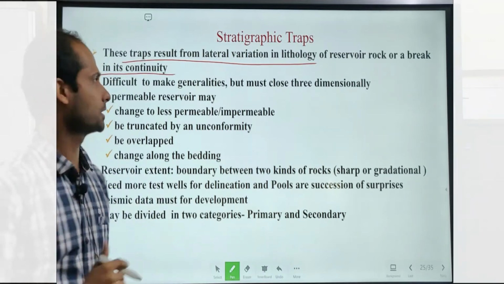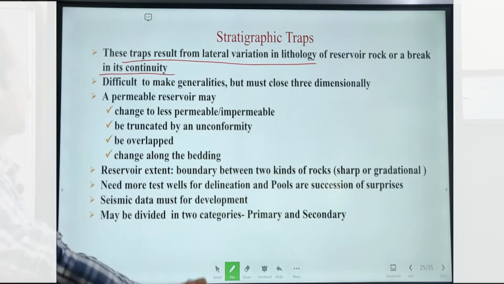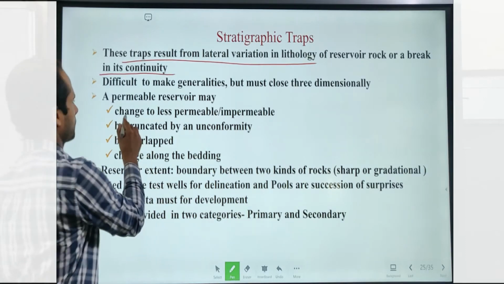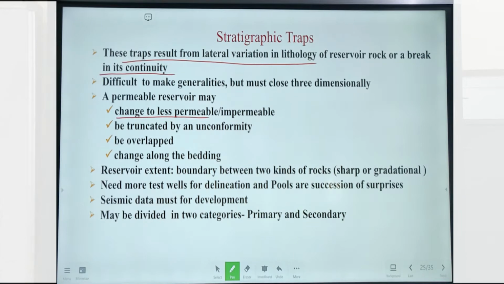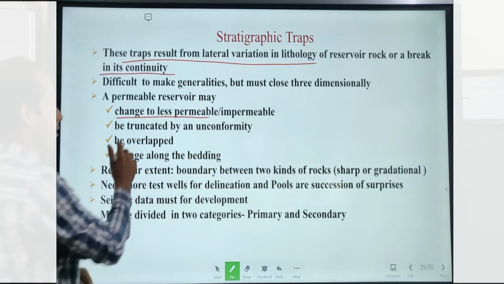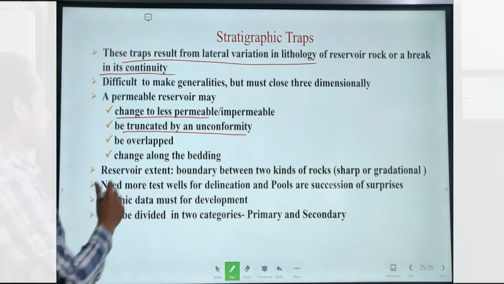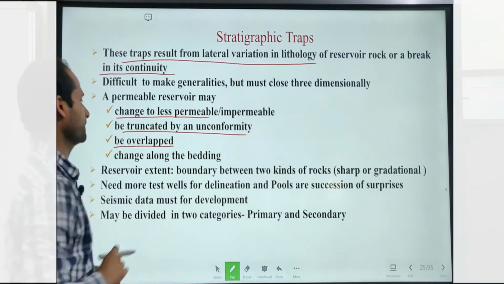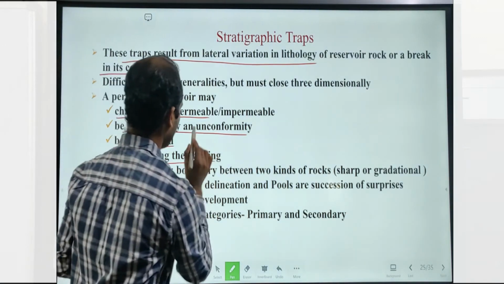These stratigraphic traps are usually caused by change from permeable to impermeable layer, or are associated with an unconformity, or by overlapping of the sediments, or change along the bedding plane.